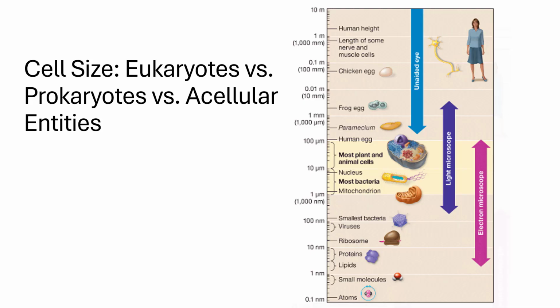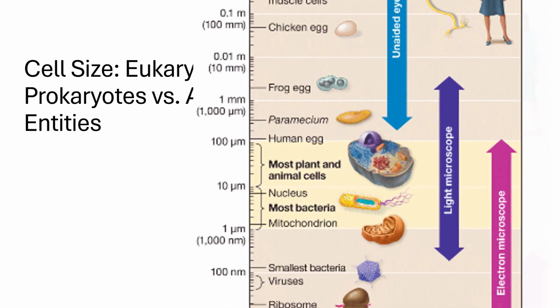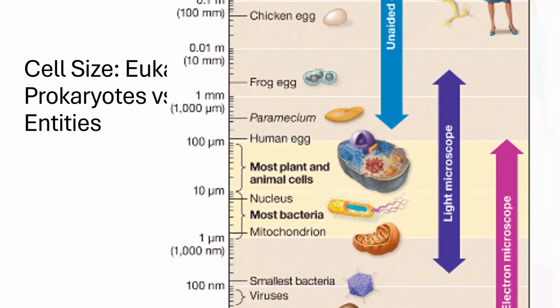I mentioned the prokaryotes being about 10 to 100 times smaller. So I'd like to just step away for a minute and talk about these sizes of microorganisms and show you them on a chart. So eukaryotic cells are generally the largest. And they're shown right here between 100 and 1. So they're typically ranging between 10 and 100 micrometers in diameter.